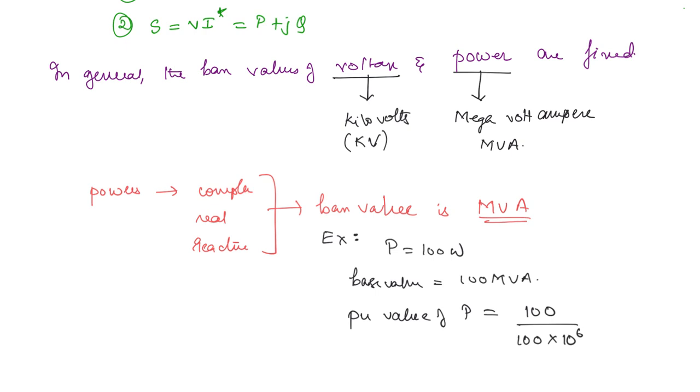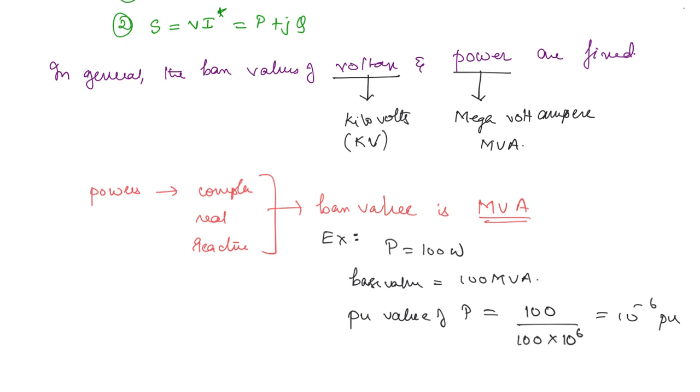Okay, but you have to ensure that the units are in the actual units, not in mega, kilo or something. Okay, so this will be equal to 10 to the power minus 6 in per unit. Similarly, if there is reactive power, then also you are going to take the base value as MVA.